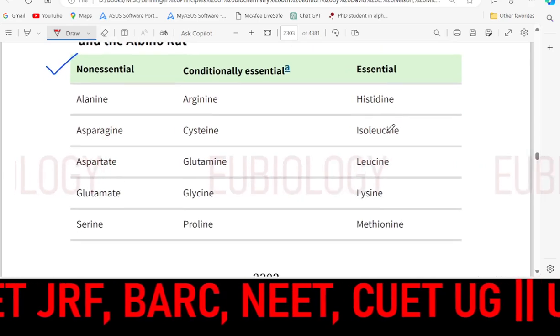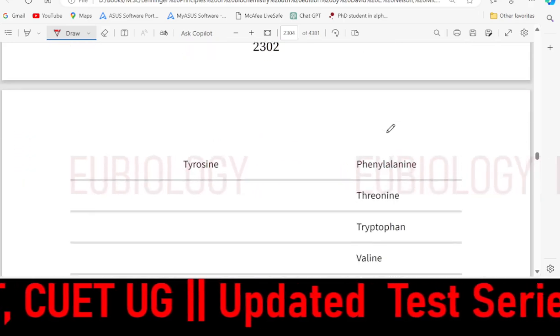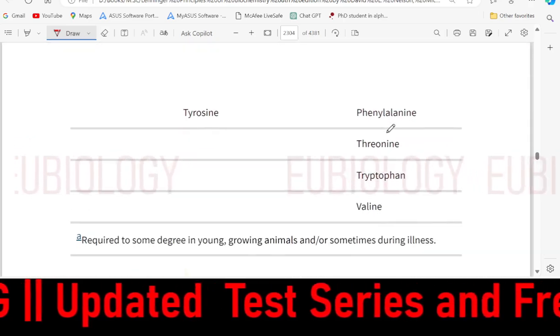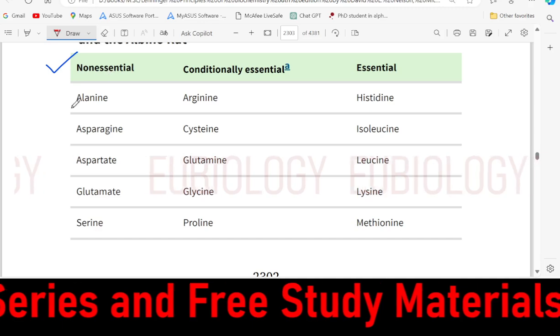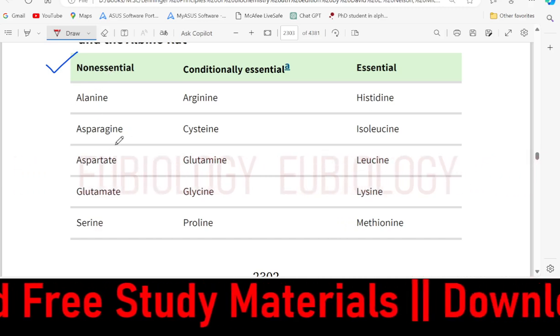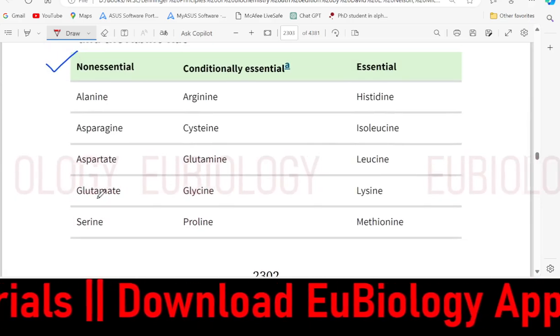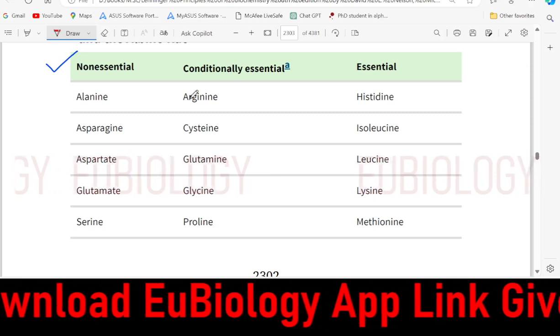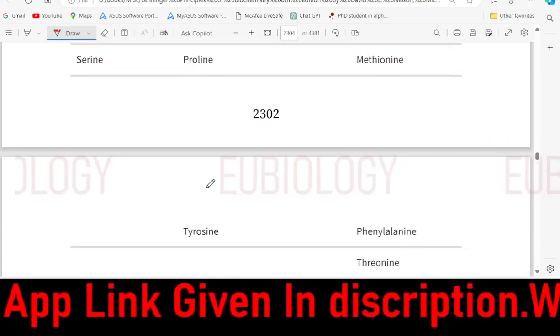Like histidine, isoleucine, leucine, lysine, methionine, phenylalanine, threonine, tryptophan and valine are the essential amino acids. Non-essential, which are synthesized in our body, are alanine, asparagine, aspartate, glutamate, and serine. And the conditionally essential amino acids are what? Arginine, cysteine, glutamine, glycine, proline, and tyrosine.